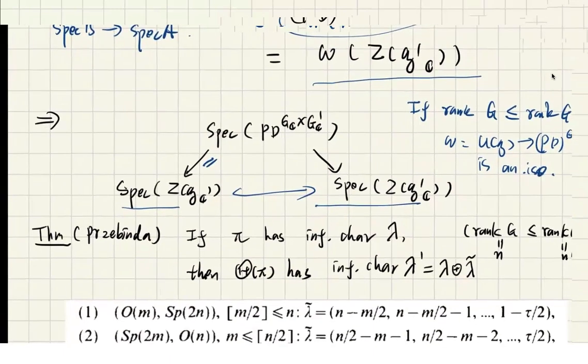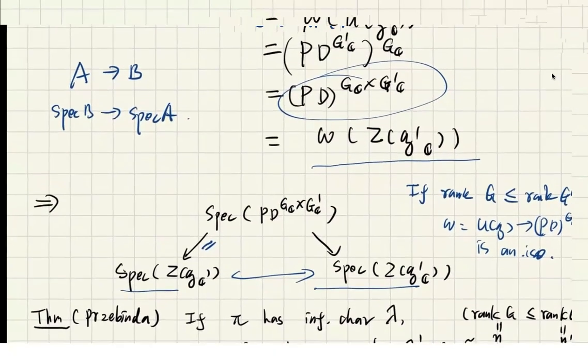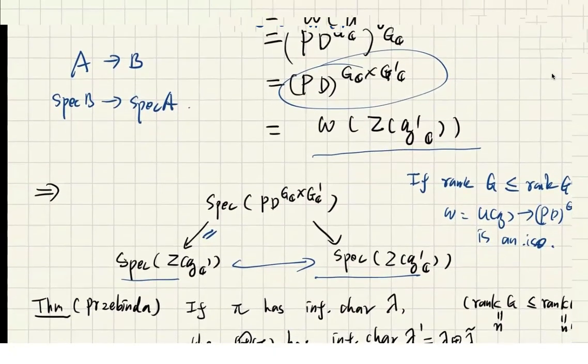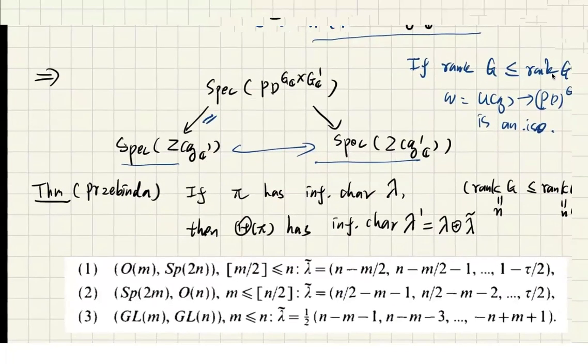Everything here is actually just about complex groups, so there's nothing to do with the dual pair. You want to pin down this map, and then you can use a compact dual pair result to pin it down.